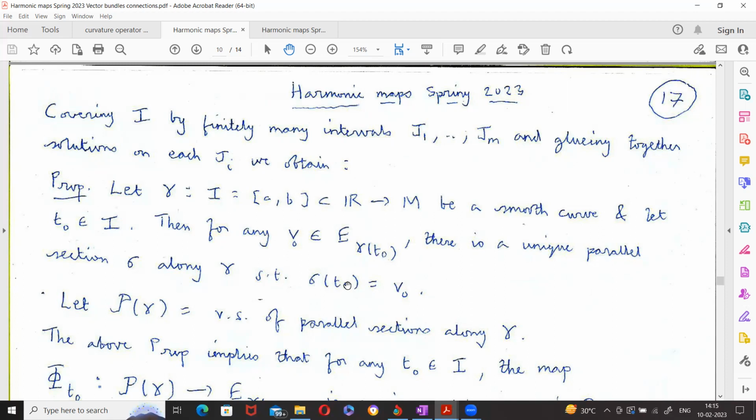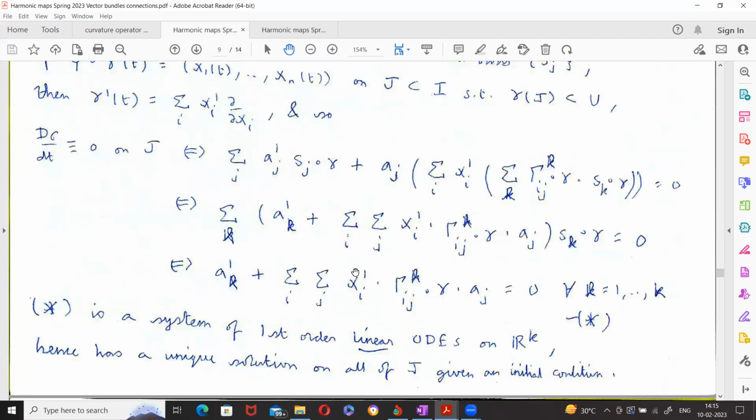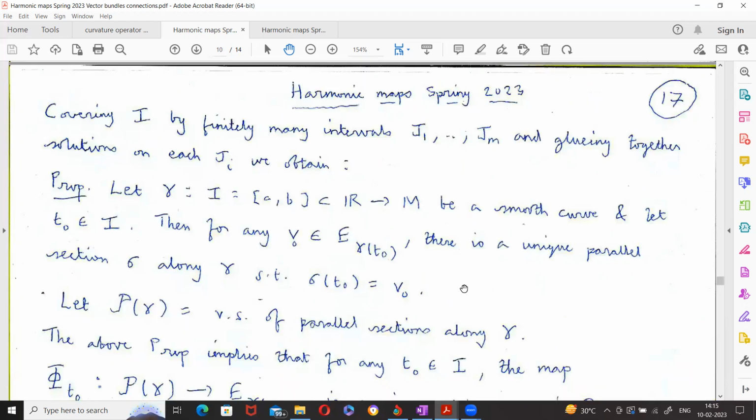Right. So the existence follows because we have existence to this equation of being parallel, d sigma dt equal to 0. And the solution is unique. So therefore, this parallel section that we get is unique. So is this clear?